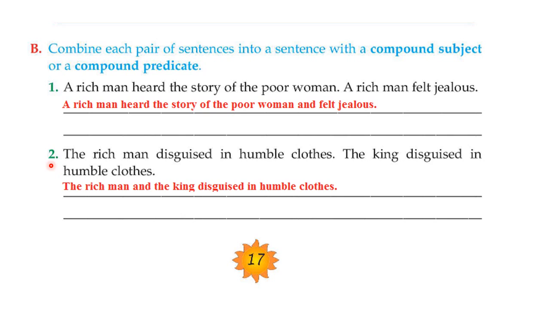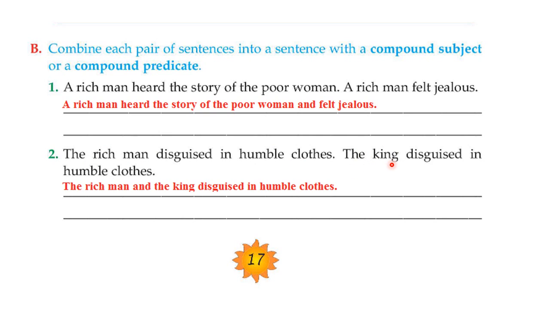In the second pair, the rich man disguised in humble clothes. The second one is the king disguised in humble clothes. In the first sentence, who disguised in humble clothes? The rich man. In the second one? The king.